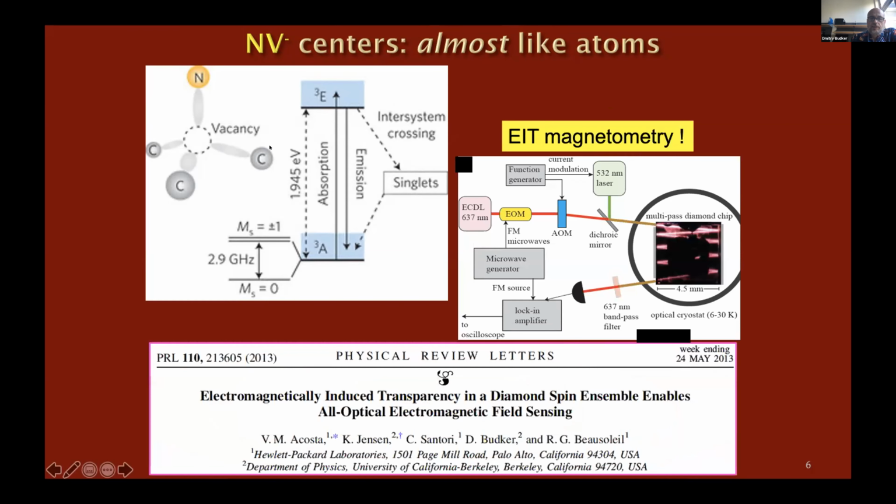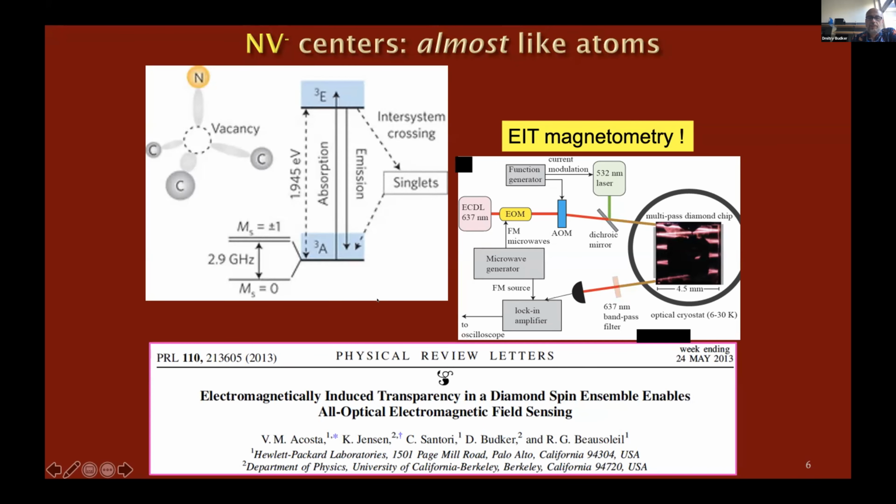And if you look at this picture, this kind of looks like atomic levels. And indeed, you can play some games that are very similar to what we do in atoms. For example, you can, under certain conditions, have electromagnetically induced transparency, just as an example.